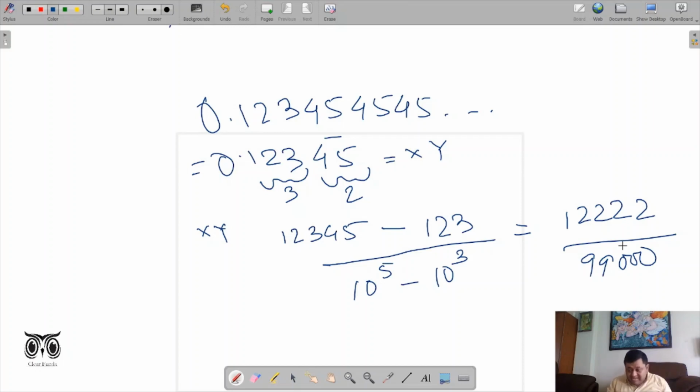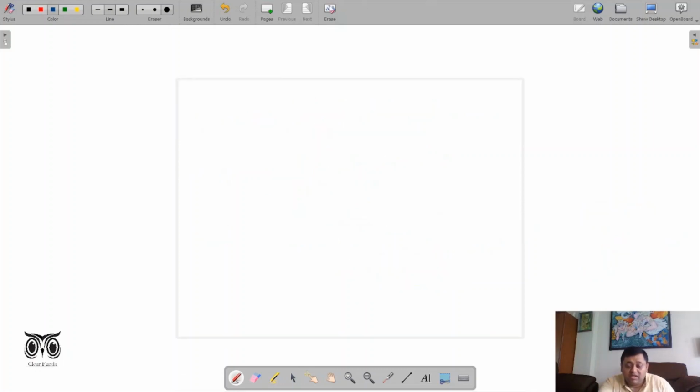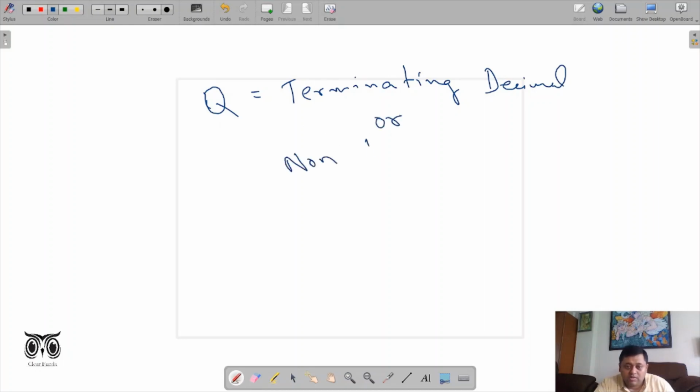So you practically get to see that any rational number q can be expressed either as a terminating decimal or a non-terminating repeating decimal.